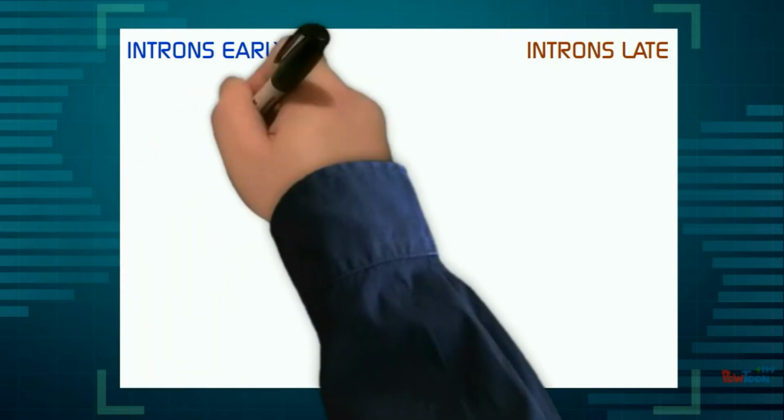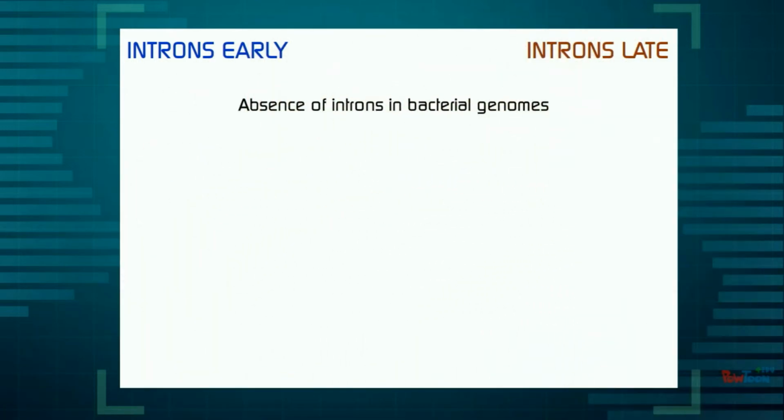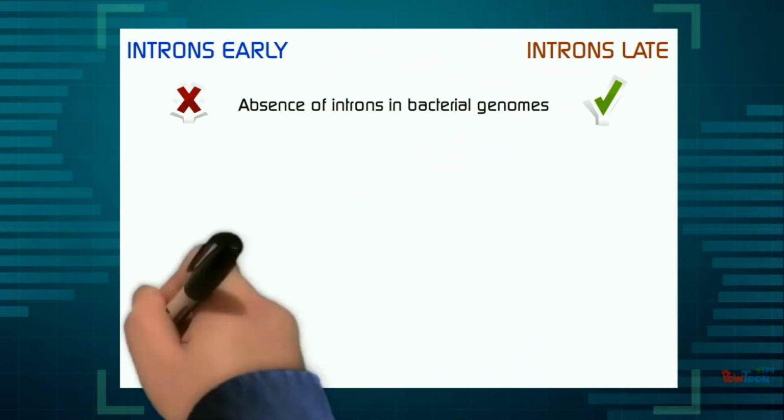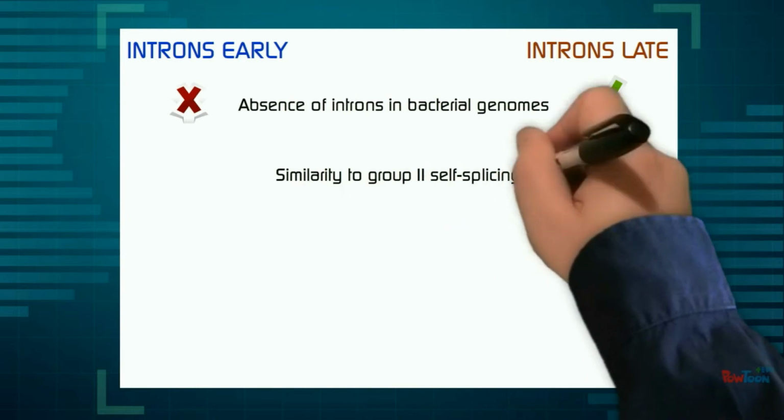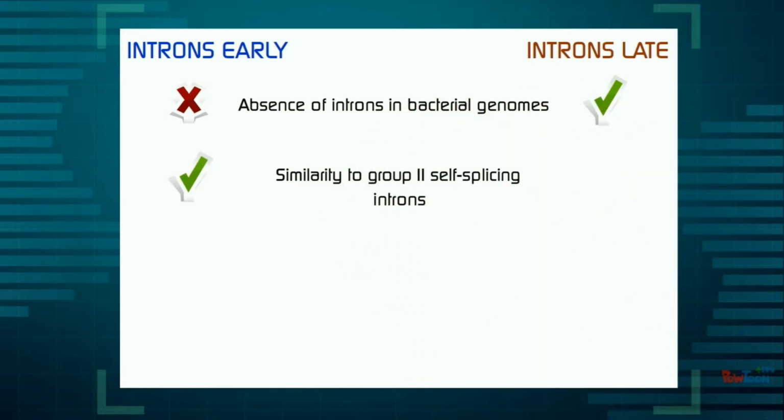As usual, there are pros and cons for both hypotheses. For instance, in the genomes of fungi, plants, and even some rare prokaryotes, we find self-splicing introns, known as group 2 introns, which are thought to be the ancestors of today's eukaryotic spliceosomal introns.